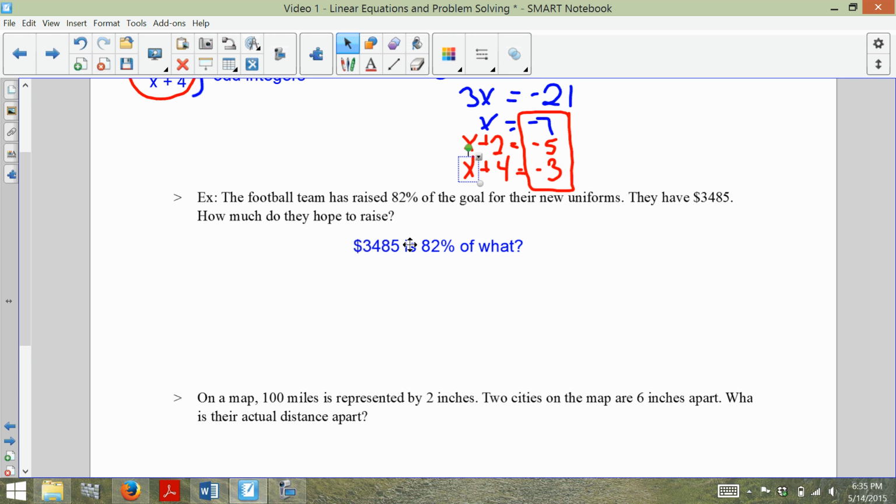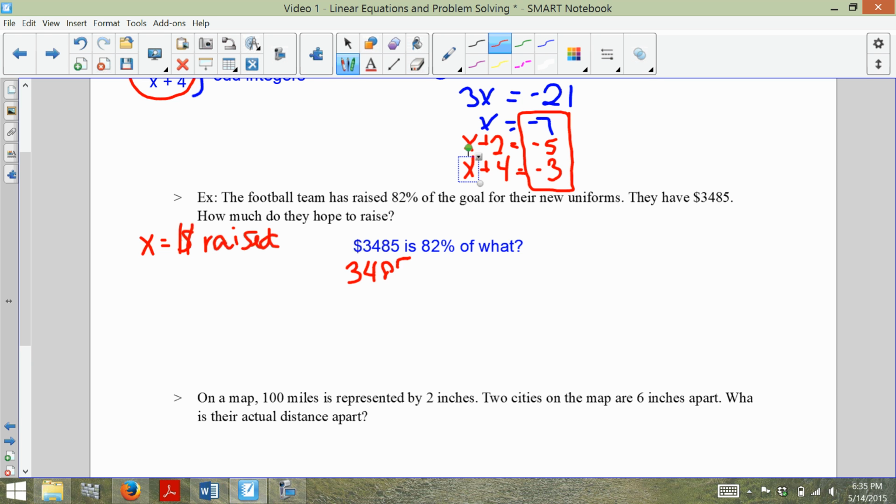Okay. So again, I want to make sure that I define my variable. So we'll say x is going to be the amount of money we hope to raise. We'll call this money raised for now. And so I can do that translating. 3,485 is 82%, and again I can represent that as a decimal, 0.82, times what?